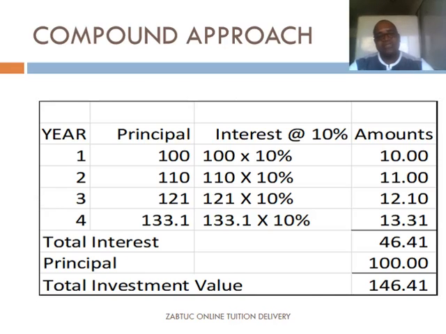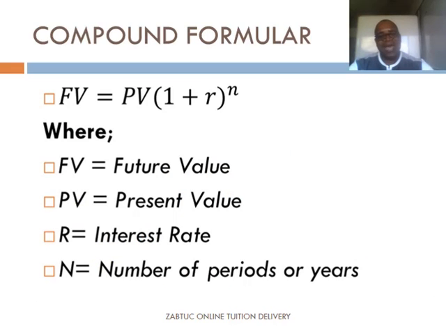Here's a formula. This is what we call a compound formula, a formula that you're going to use in financial management several times. This formula helps us to calculate how much an investment would be after so many years when interest has been accrued or added using the compound approach.